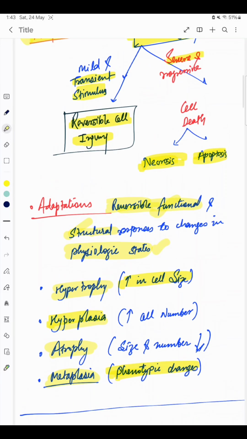And such changes are also seen in the respiratory tract, in which in chronic smokers, the pseudostratified columnar epithelium of the respiratory tract undergoes metaplasia and is replaced by squamous epithelium.